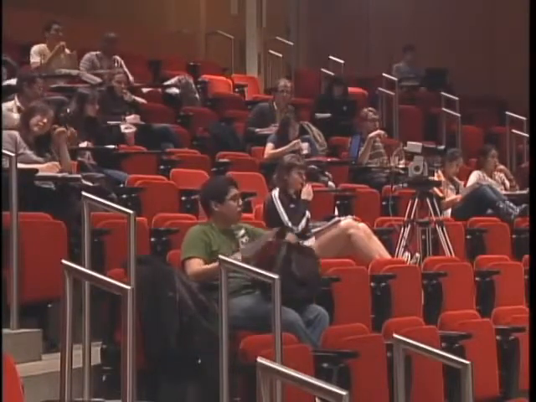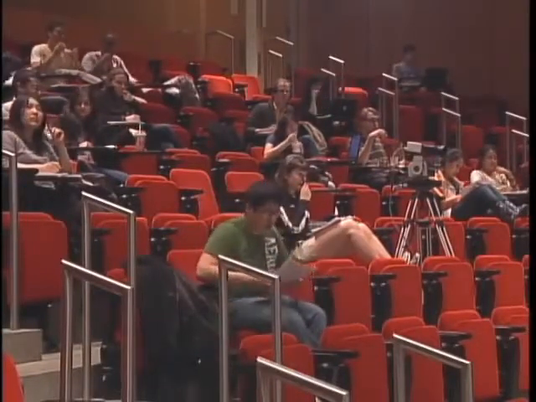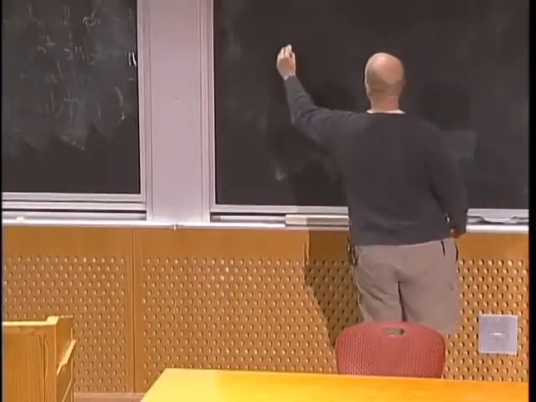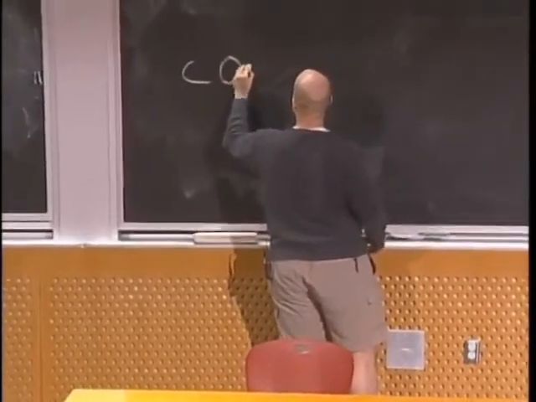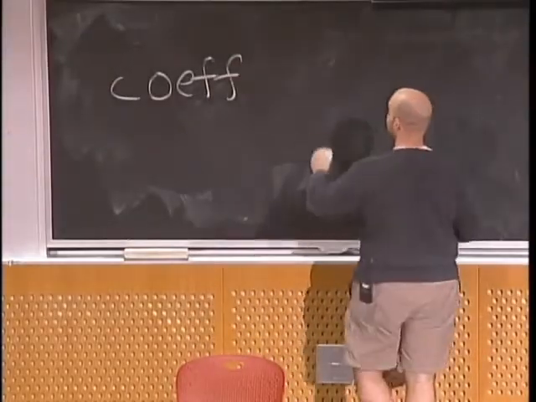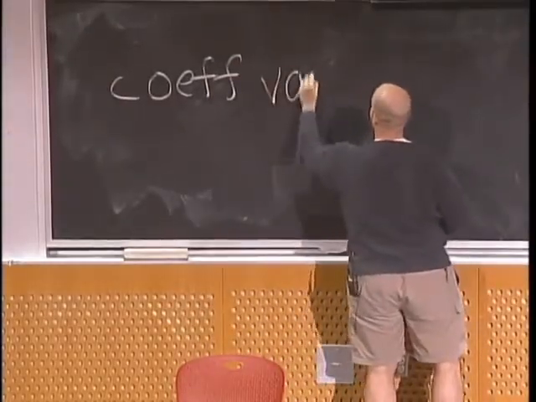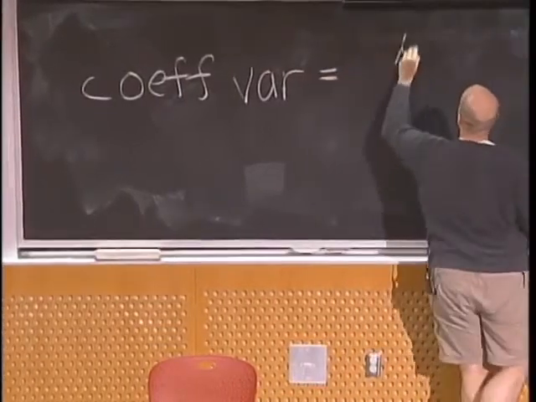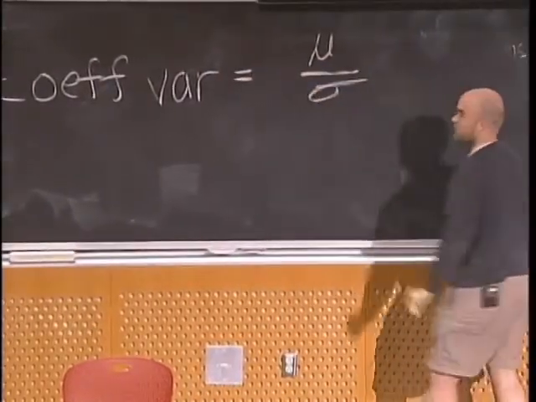All right, so coefficient of variation. It is... I have to write big for the camera. Is that right?